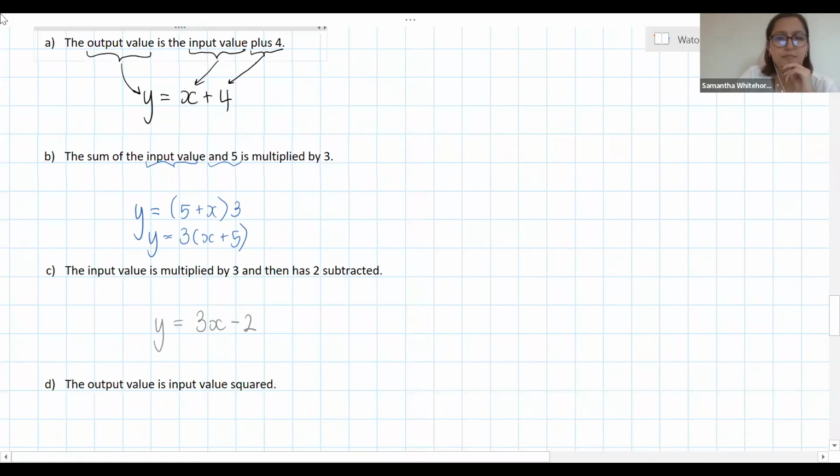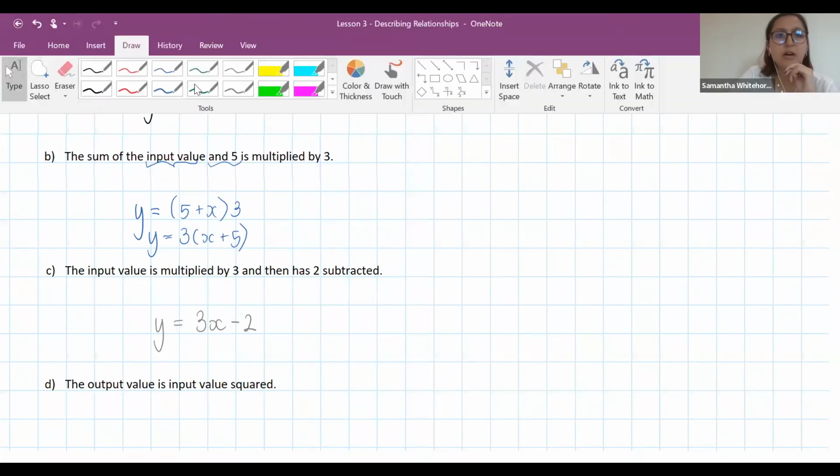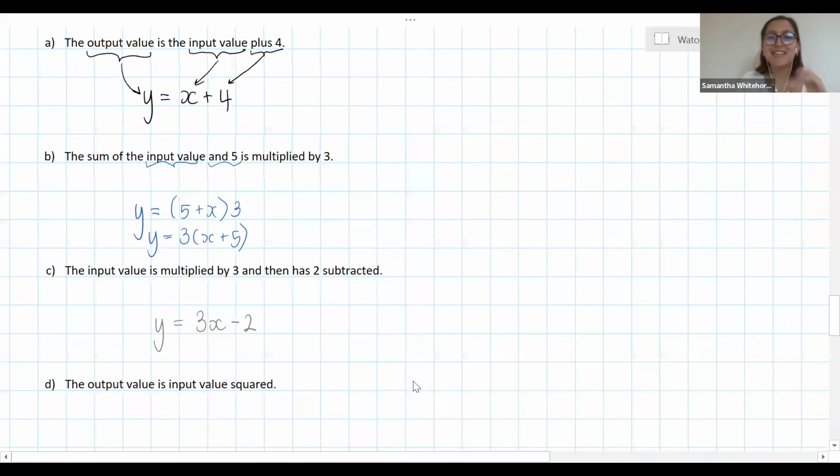Right, think about it carefully. The output value is the input value squared. So I want my y equals again. The input value squared gives me the output value. Tabasing, what do you think it is?